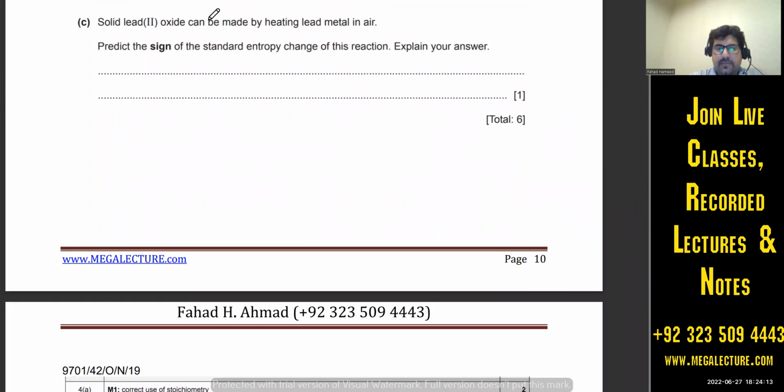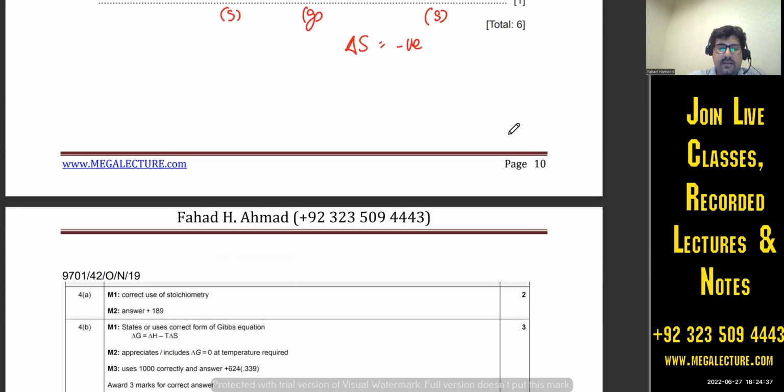Lead 2 oxide can be made by heating lead metal in air. Solid, this is gas. So it's pretty obvious that the entropy change for this reaction is negative because a gas turns into a solid.